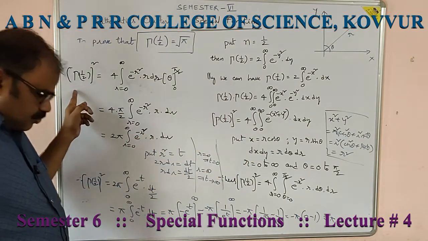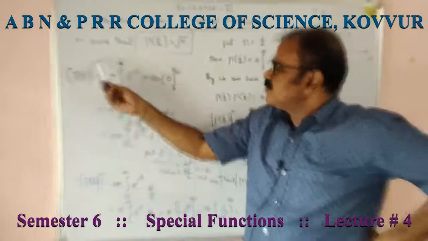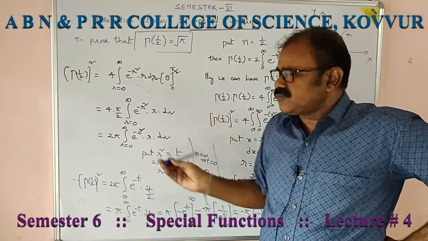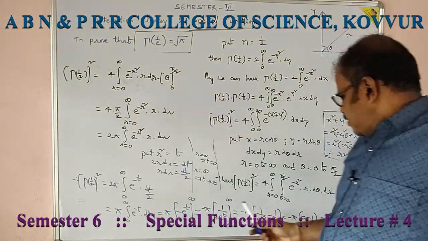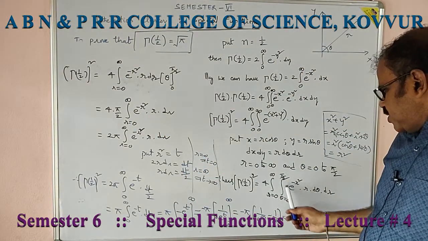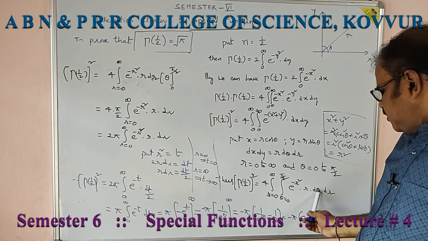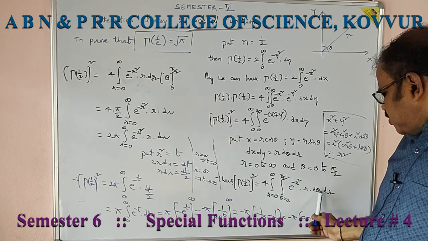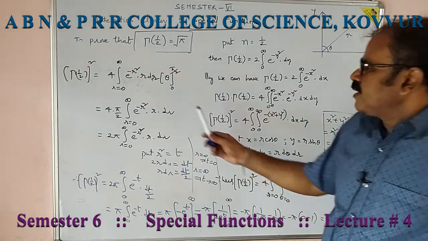On the left hand side you have gamma half whole square is equal to 4 into integral, r is from 0 to infinity and theta is 0 to pi by 2. So I am integrating the theta. What is the integral d theta? Value of integral d theta is theta.